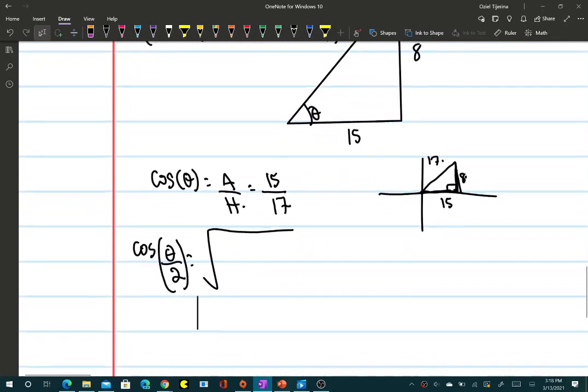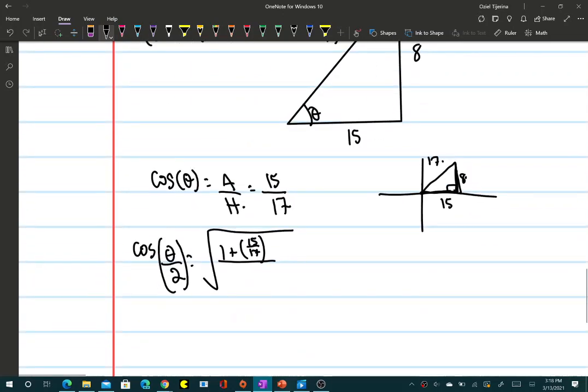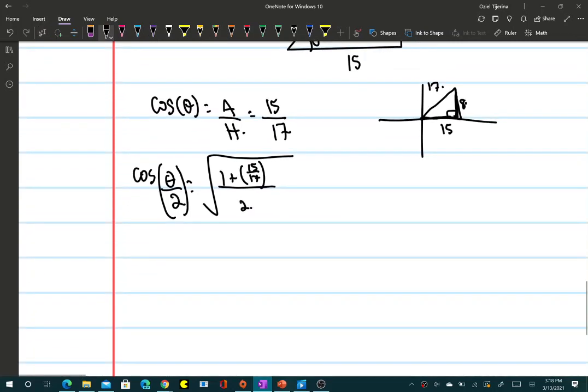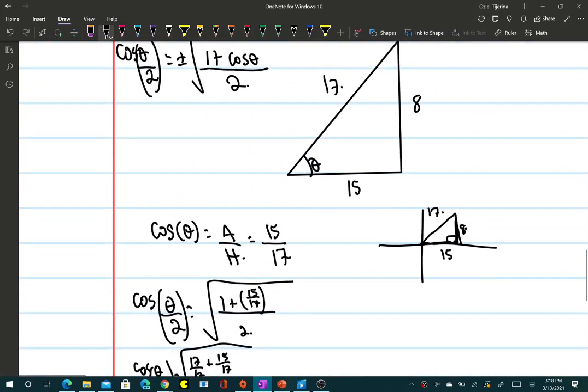So we would have 1 plus the quantity 15 over 17 all over 2. And now this would be 17 over 17 plus 15 over 17 all divided by 2, and then you take the square root of that.